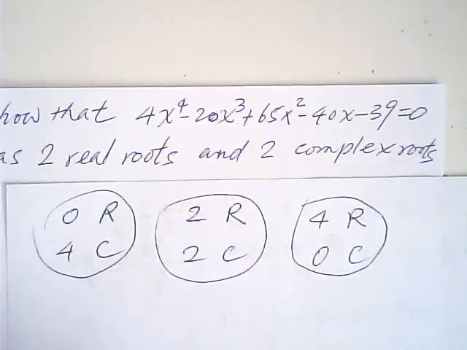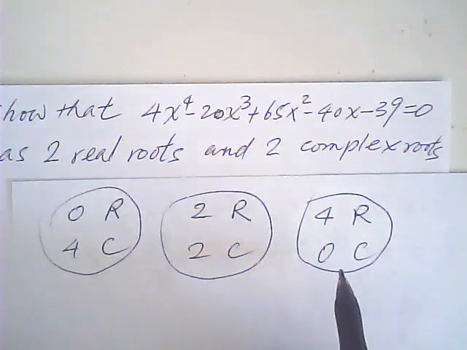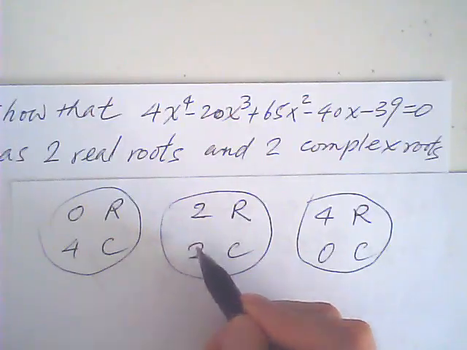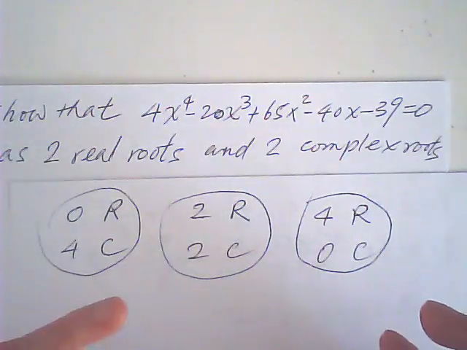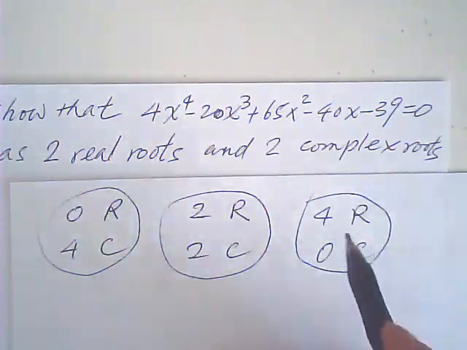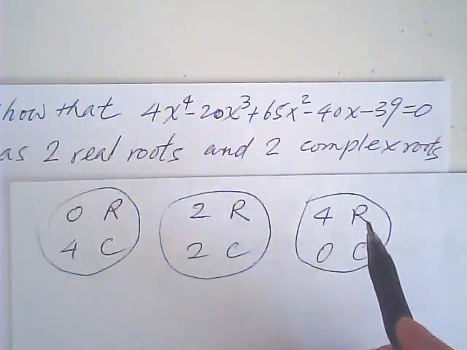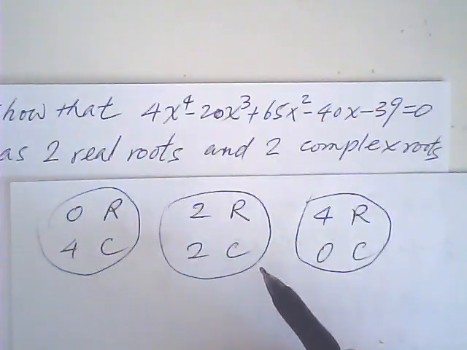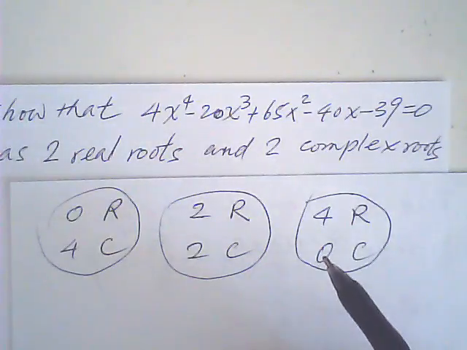Why does it have only three possibilities? Because the complex roots must be paired. It means that if one complex number is a root, its conjugate will be another root. Therefore the number of complex roots must be even.